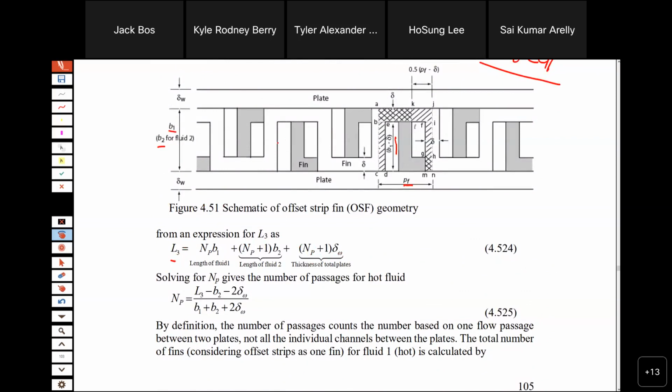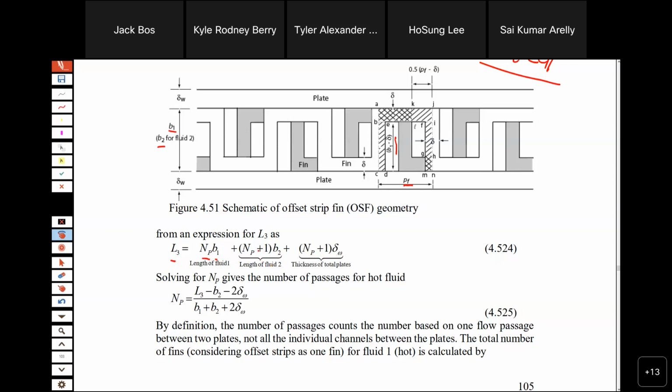Okay, this is one pass. Well, actually, it turns out there is one more, so just plus one dW, and then B1 times the number of passes, and then B2. Why do we consider B2 in L3?